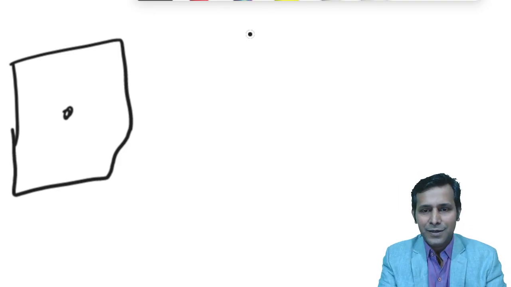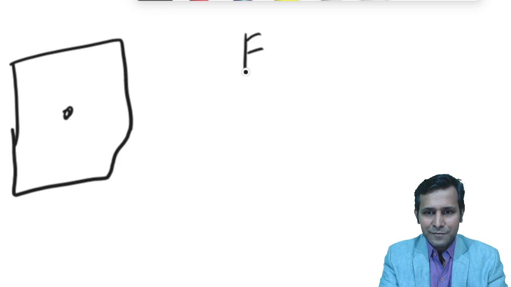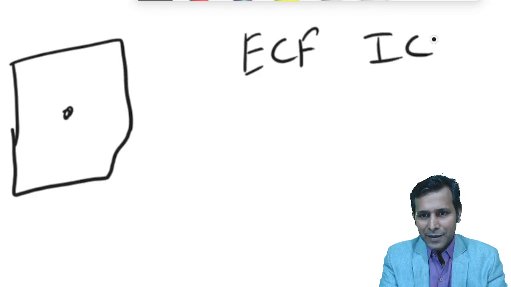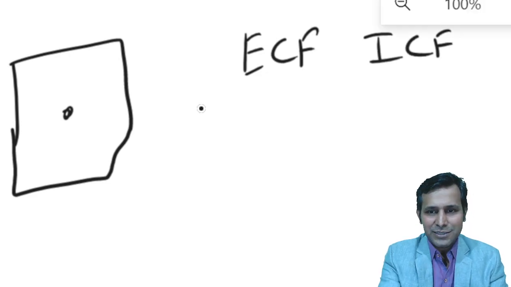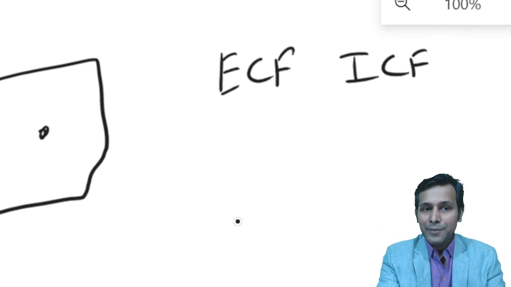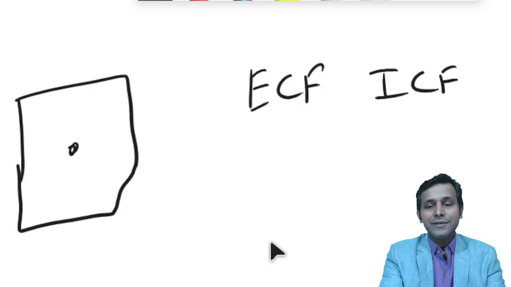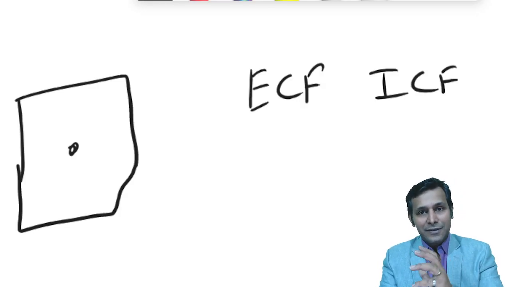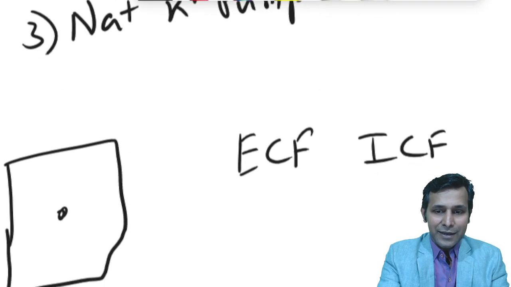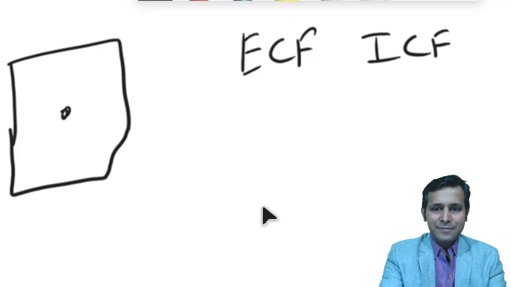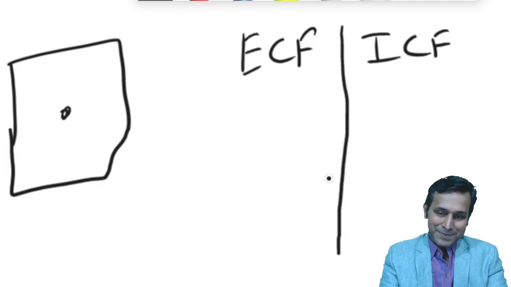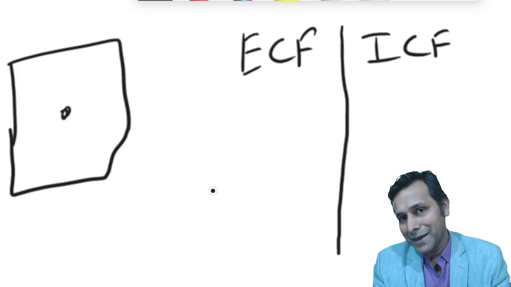So we have an ECF compartment and an ICF compartment, and the distribution of ions we're talking about is ions in ECF and ions in ICF. So, three ions. One is sodium ion.